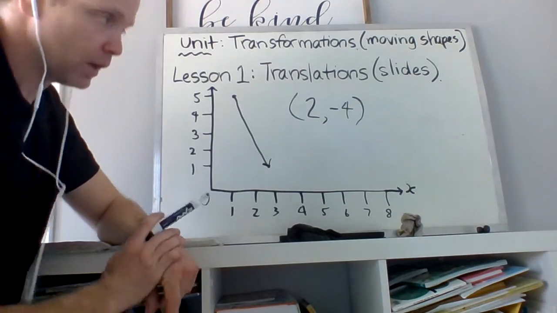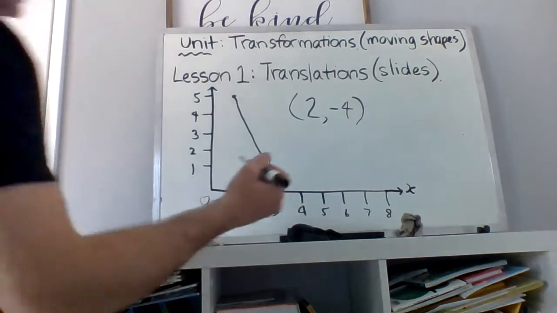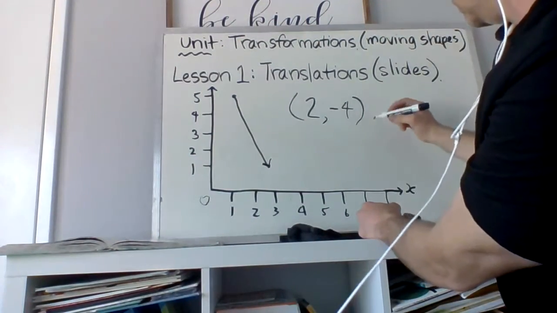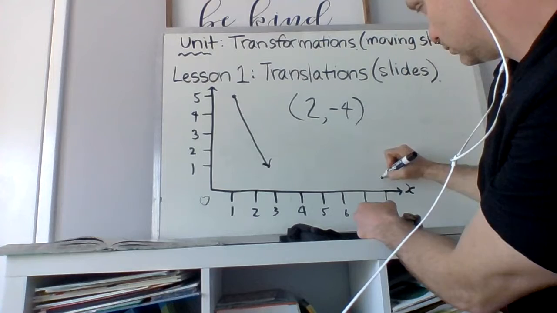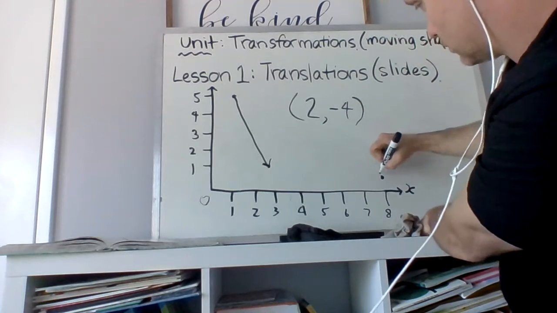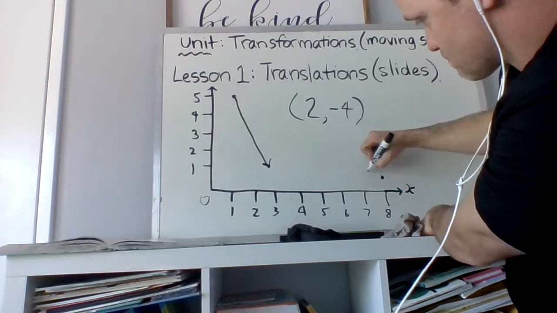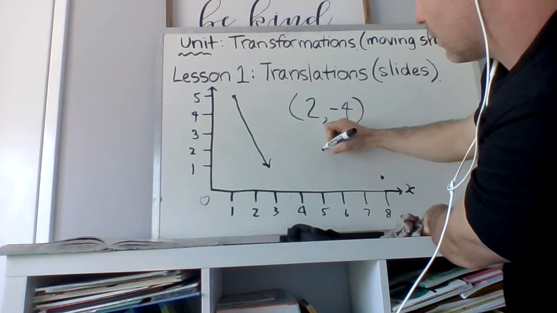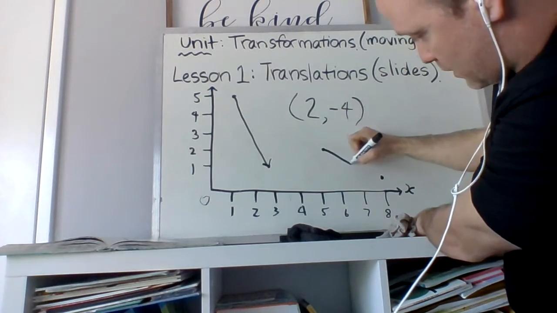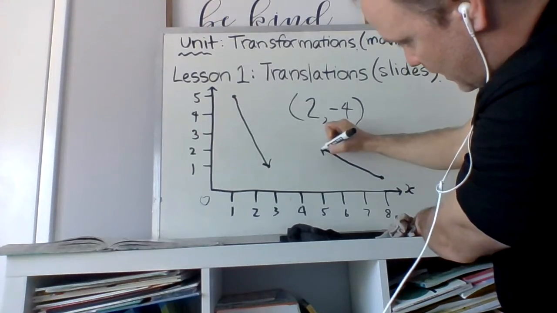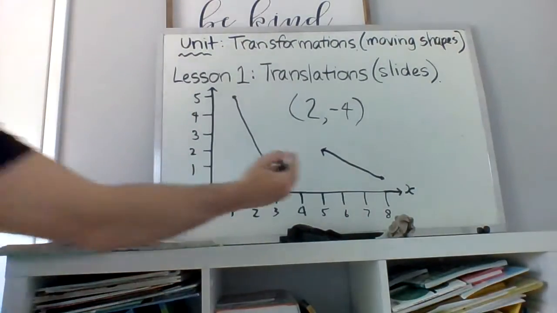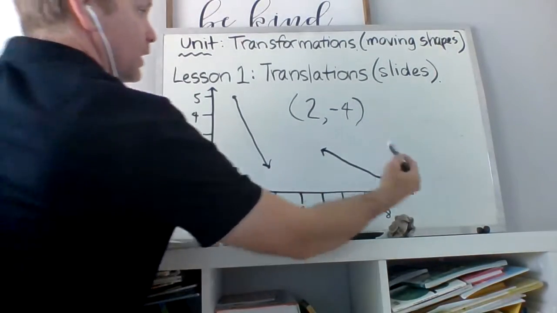Now, let's say you have a translation arrow that looks like this, and let's end it there. Again, I'm just freehanding here, so you just have to kind of infer. If that's our translation arrow, think of the x first.